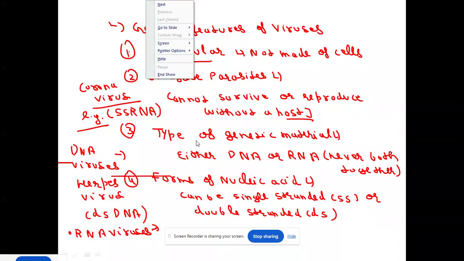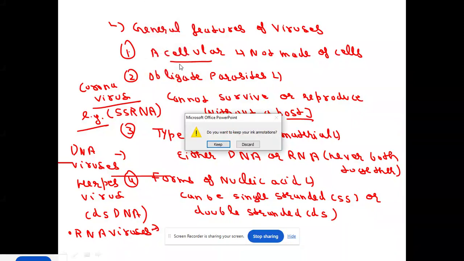Okay. Next, point number 5, the feature related to their replication. So, virus genetic material replicates only inside the host cell.